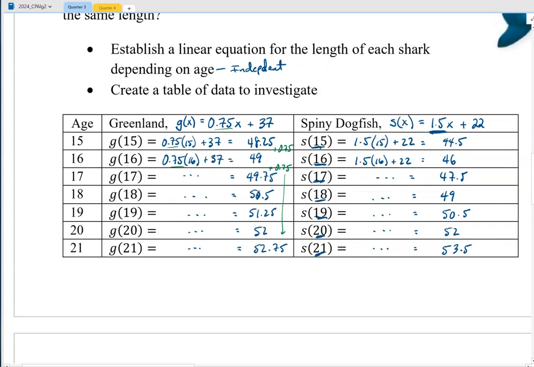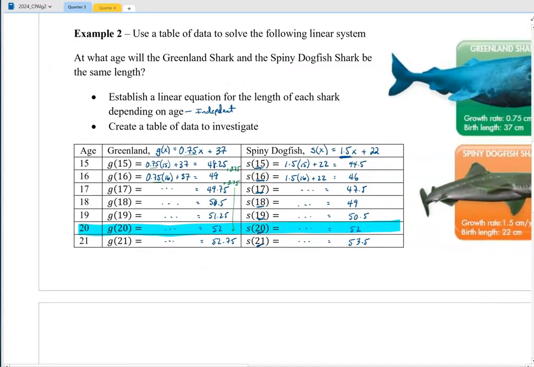Now, fortunately for us, I think an answer is identified at this point. It's in the 20th row, this 20th year, I should say, that the sharks appear to be the same length. So if we were trying to answer the question, at what age will the Greenland shark and the spiny dogfish shark be the same length, we would say something like this, that at 20 years old, they're the same length.